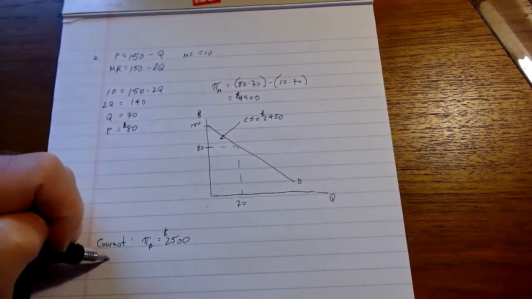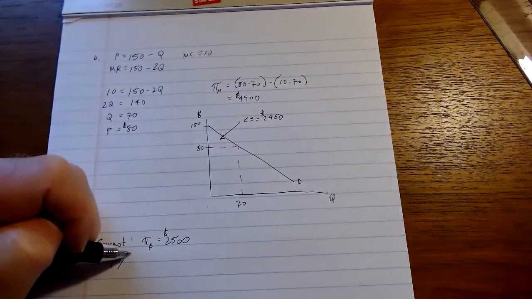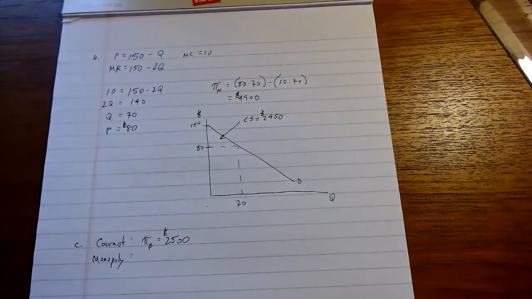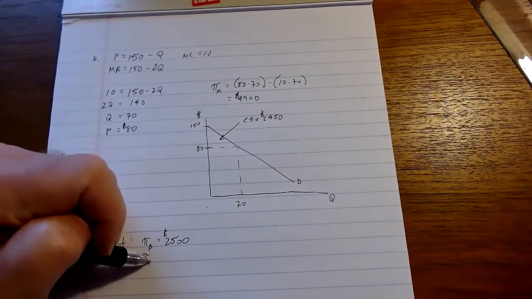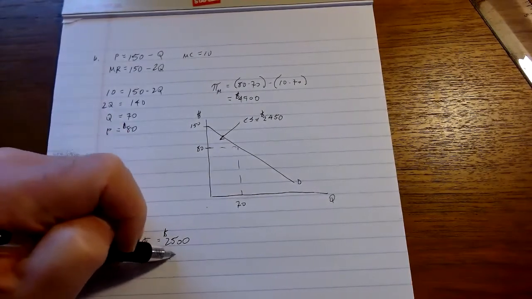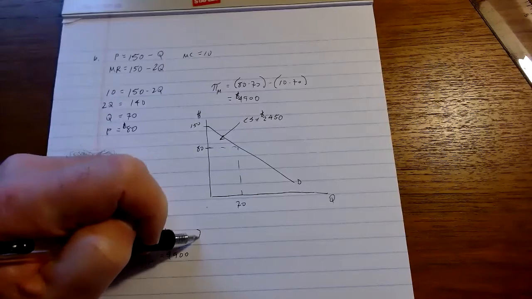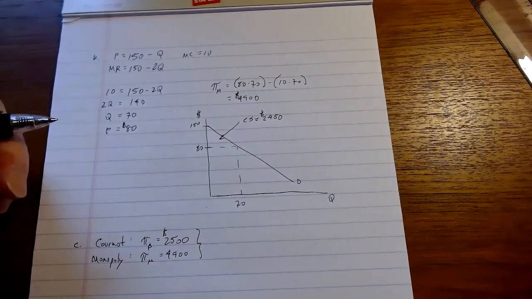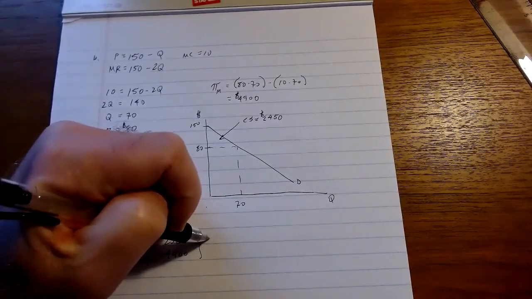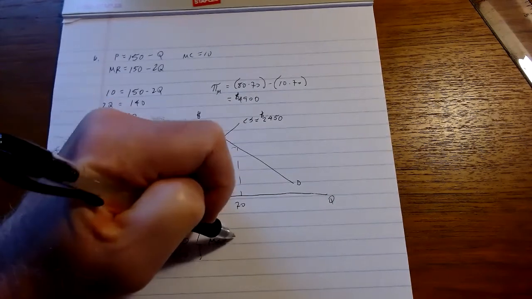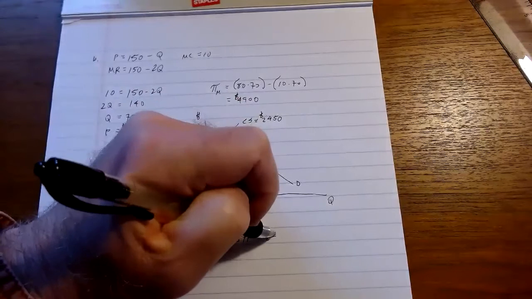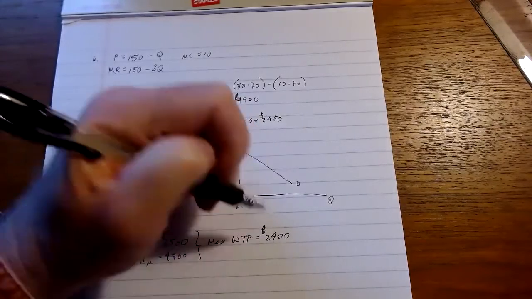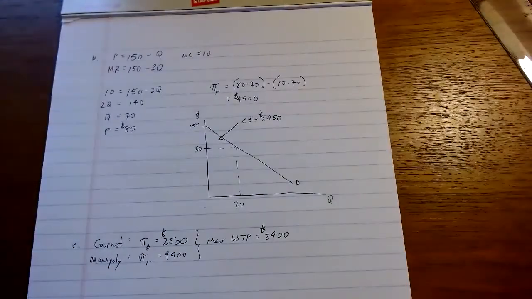And under monopoly, which is what would happen if he bought out the other firm, then he would have a monopoly. Under monopoly, the profit is $4,900. And so that's how much he stands to gain by getting rid of a competitor. And so his maximum willingness to pay should be $2,400, the amount that he stands to gain by becoming a monopoly.